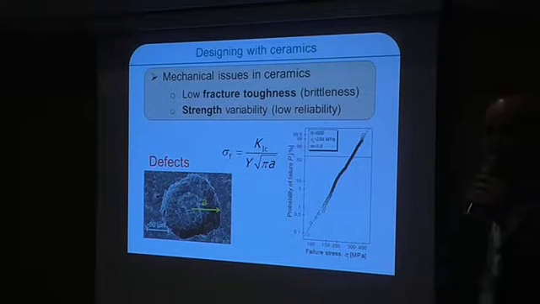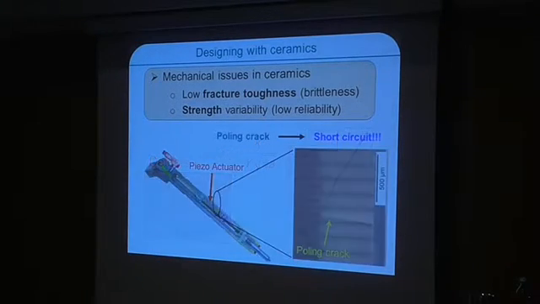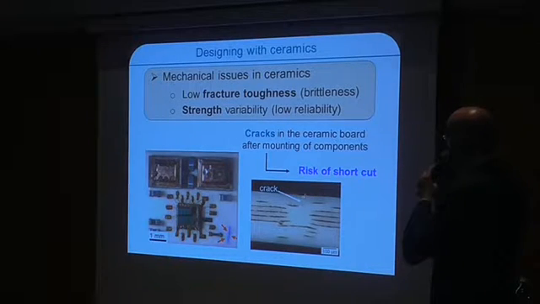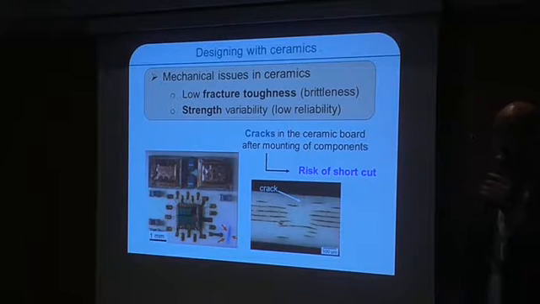So that's giving you different strength values. And the consequence is that you can have some of the piezo actuators where you can find some others showing some cracks even before going into service. Or your mobile phone having a crack running from one level to another and destroying the functionality.